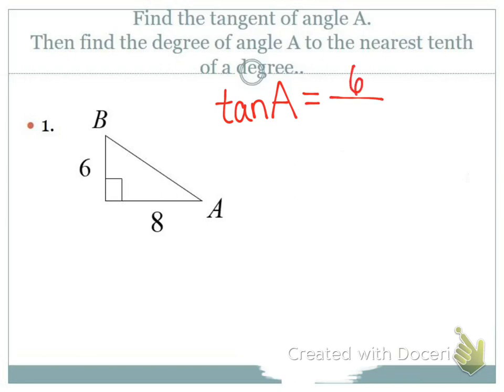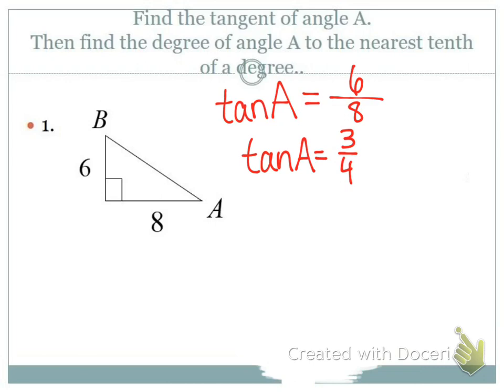Good, 6 over 8. Can we simplify that? Yes, what would it simplify to? 3/4. So the tangent of A is equal to 3/4. Yes, I would expect you to simplify it if you can. Are we all okay with that? Opposite over adjacent. They didn't even label the hypotenuse because we're not using it. Sometimes they will label the hypotenuse on these problems to see if you really know what you're doing.